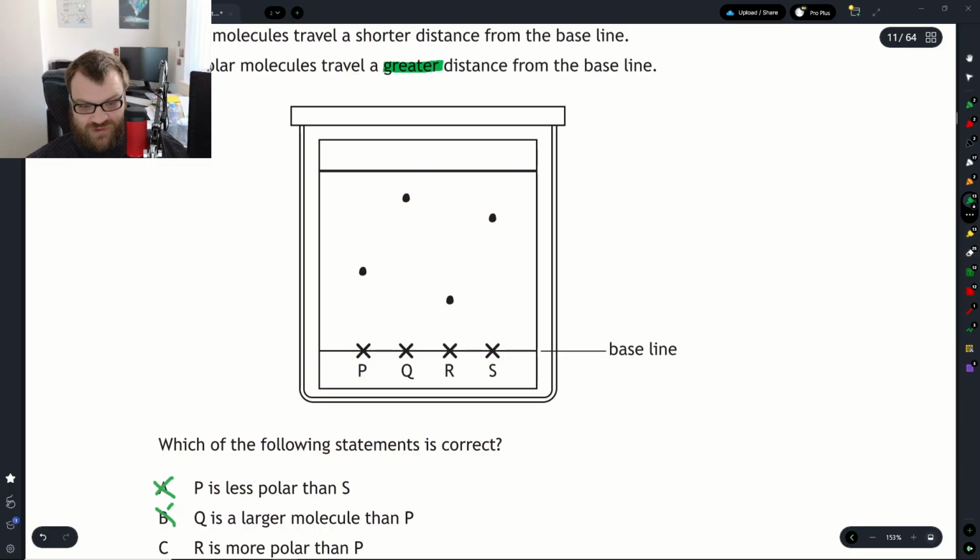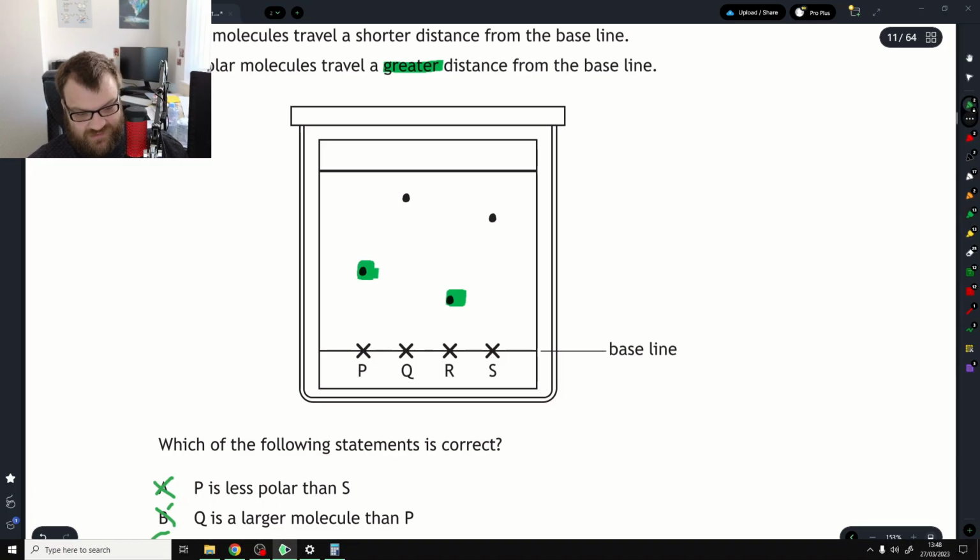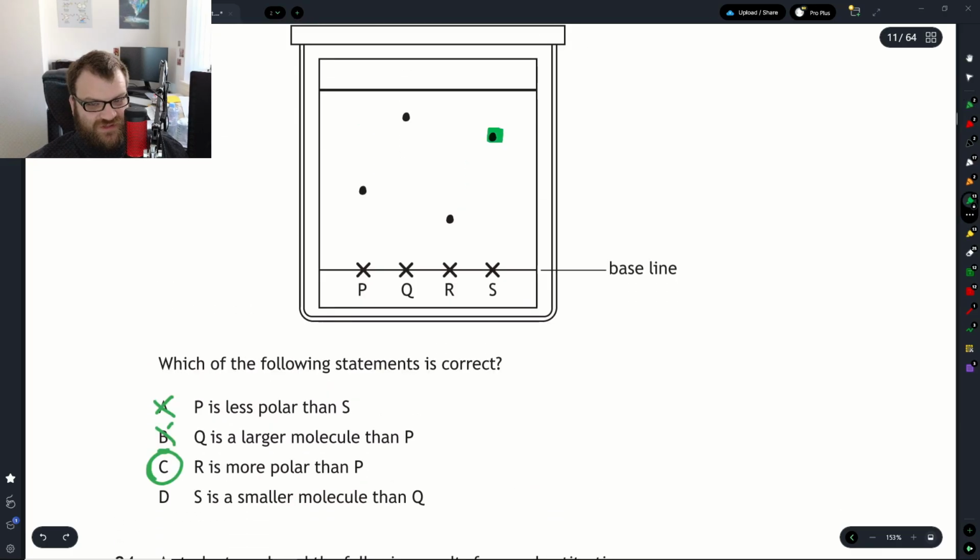So R would travel a shorter distance than P. Well, that is correct. Let's tick that or circle that as our answer. If S was a smaller molecule, S would travel further. Q travelled further, so Q would be smaller than S. So that one's incorrect. C is our correct answer.